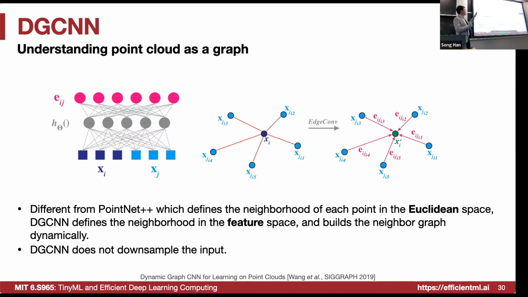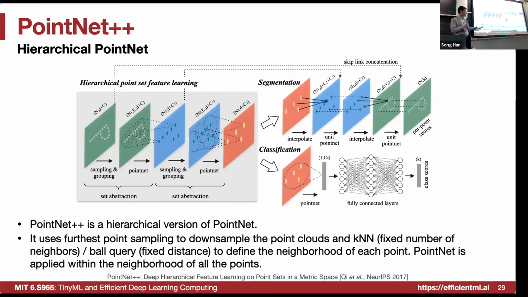So we can also try to understand the point cloud as a graph, right? So it's the graph, it has the edges, and also the nodes. Okay, so each node is a point. So we can use the feature space when we are trying to model the neighborhood. Previously, we were just using the physical space by checking the distance, either using KNN, K nearest neighbor, or the farthest point sampling, either using the KNN or the ball query.